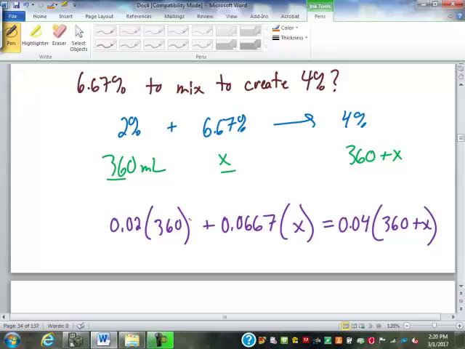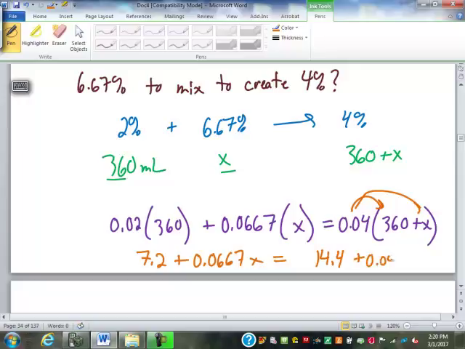So my 0.02 times 360 is 7.2. 0.0667 times X is 0.0667X, equals 0.04 times 360, which is 14.4. And 0.04 times X is 0.04X.